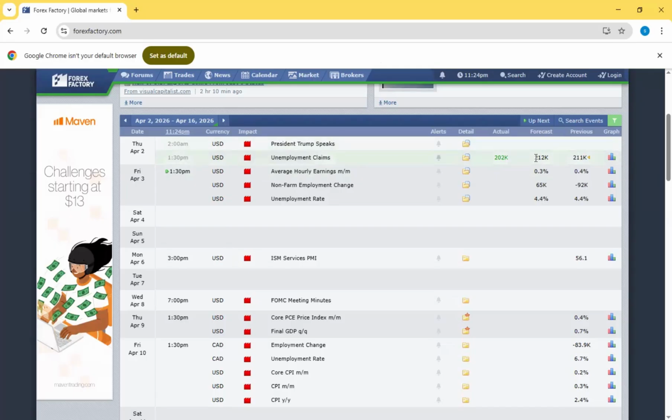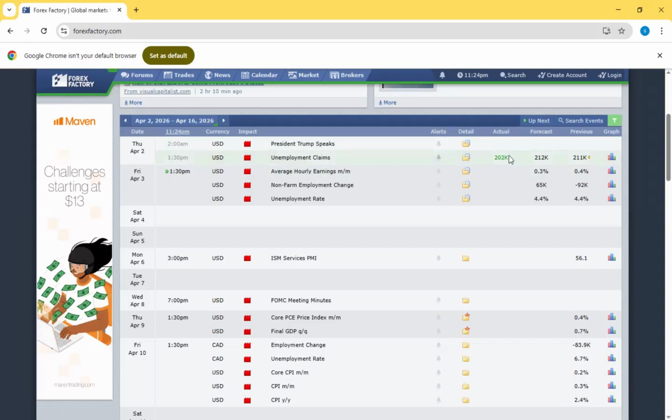And now the market is forecasting a slight increase in unemployment claims. And look at the data. It didn't come above the forecast or the previous, it came below both, which gives us low unemployment claims in USD, which supports the USD and gives USD a bullish bias.